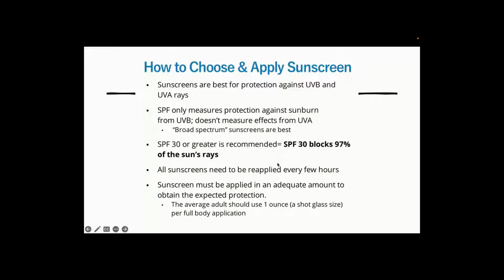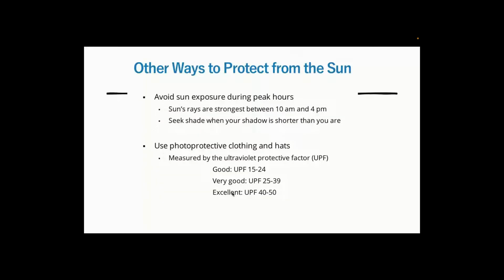Especially if you're outside sweating and going in the water, sunscreens need to be reapplied every few hours. Sunscreens must be applied in an adequate amount to obtain the expected protection. The average adult should use 1 ounce, a shot glass size, per full body application.